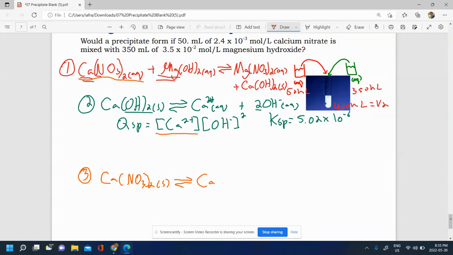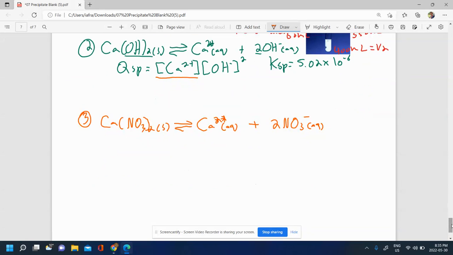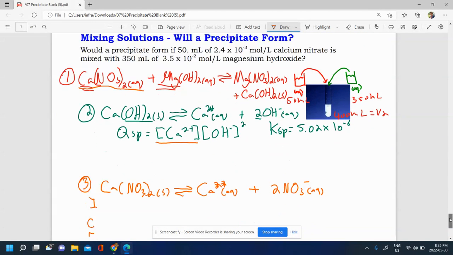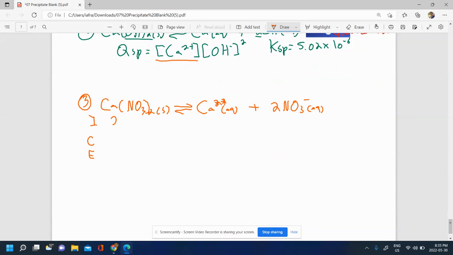That forms some calcium ion, 2+, plus some nitrate, 2 of them. We don't really care about the nitrate, but we're still doing it for the sake of completion. So we're going to make a little ICE table here. And the concentration of the calcium nitrate was 2.4 times 10 to the power of -3.